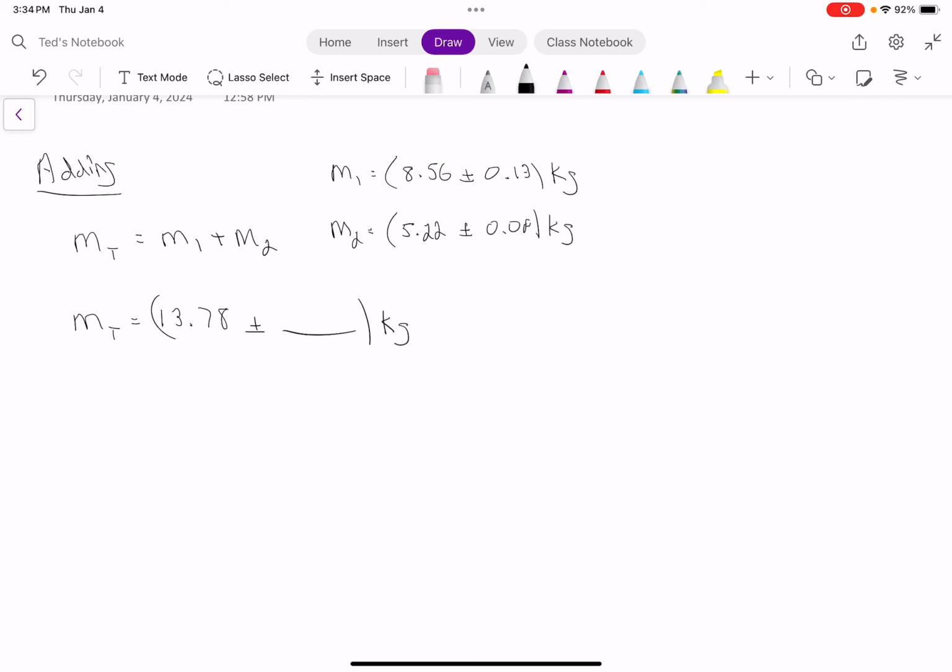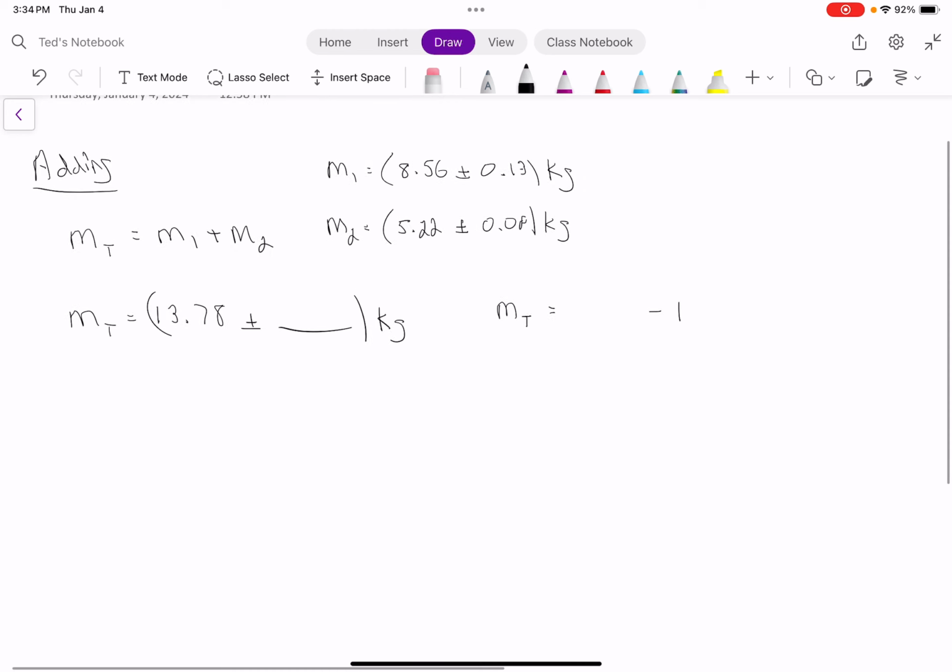So the biggest that the total mass could possibly be is 8.56 plus 0.13 plus 5.22 plus 0.08. So the biggest it could possibly be is 13.99 kilograms.